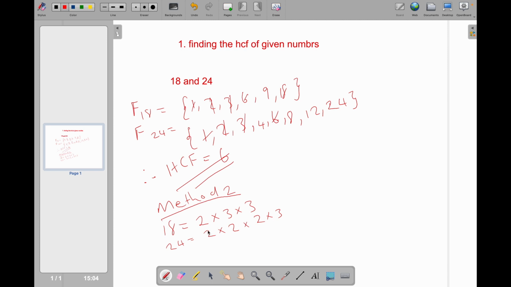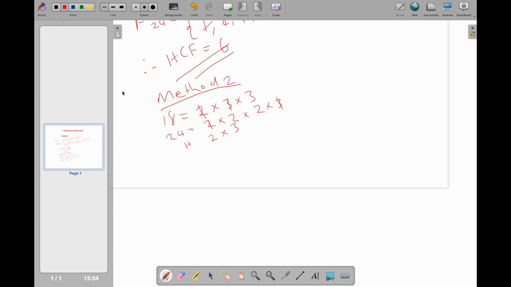So what we can do here is look for the common numbers. We have 2 and 2, and we'll put them here, and 3 and 3, and we'll put them here. So the highest, sorry for writing.